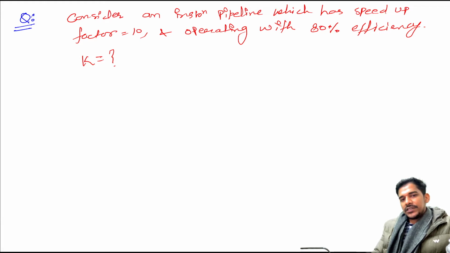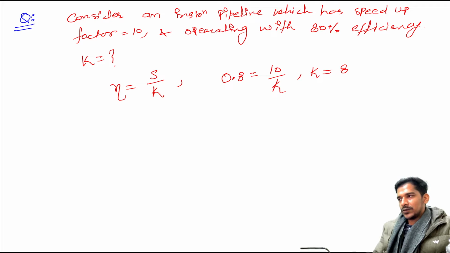So we know that the efficiency of the pipeline processor is simply speed up divided by the number of stages, right? The efficiency is given 0.8, or you can say 80%, and speed up is given 10, right? So the number of stages you need to find out.